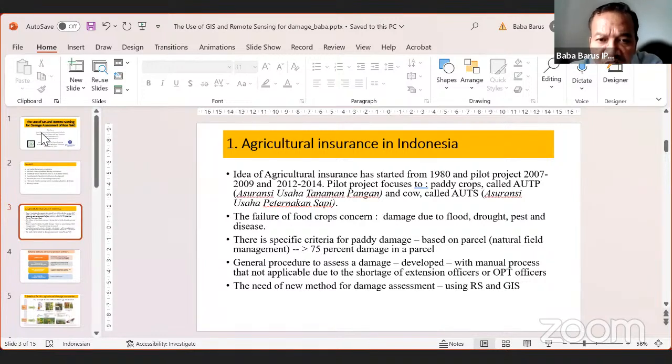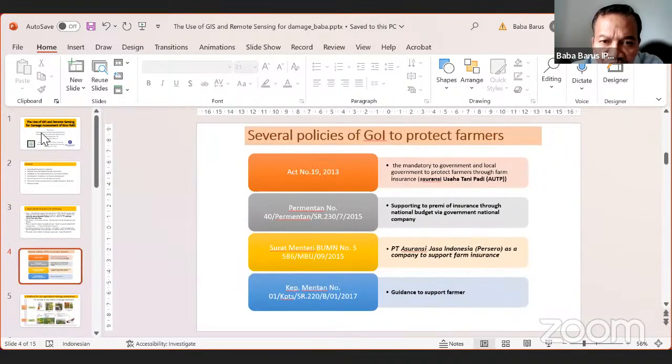The Indonesian government has specific criteria for giving insurance payment when farmers' paddy crops fail, and the method to fulfill the criteria is not easy, since there is a shortage of extension officers or staff to report the damage in the field. Then we need to create a new method for damage assessment, and basically we developed the method through a research project. And the Indonesian government now has several activities to support insurance.